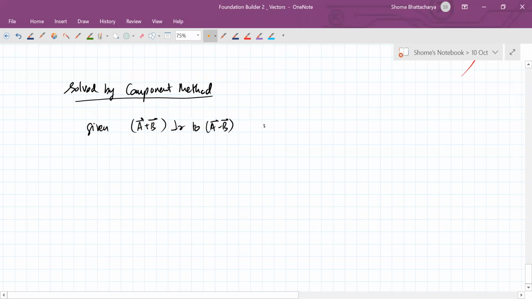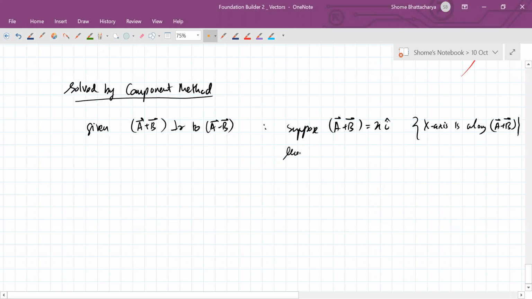Okay. So suppose A plus B is x i cap. That means our x axis has been chosen along the resultant of A and B. Okay.